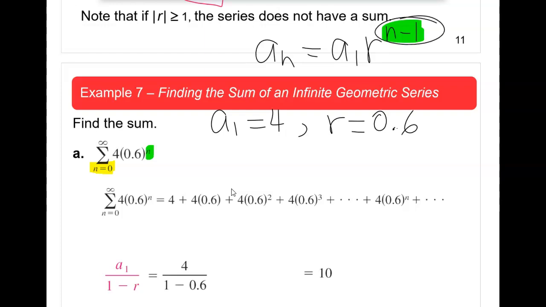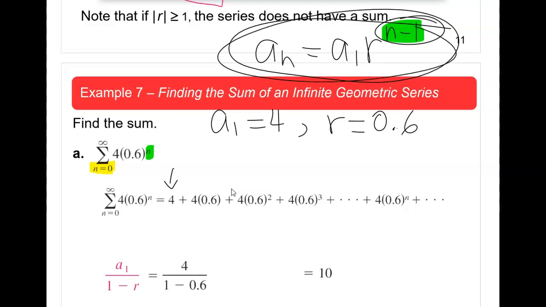However, because the first term doesn't meet that description here, we start at 0 so that it works out this way: 4 times 0.6 to the power 0. Because any number except 0 to the power 0 is equal to 1, here we have 4 times 1, which gives us the 4 here.